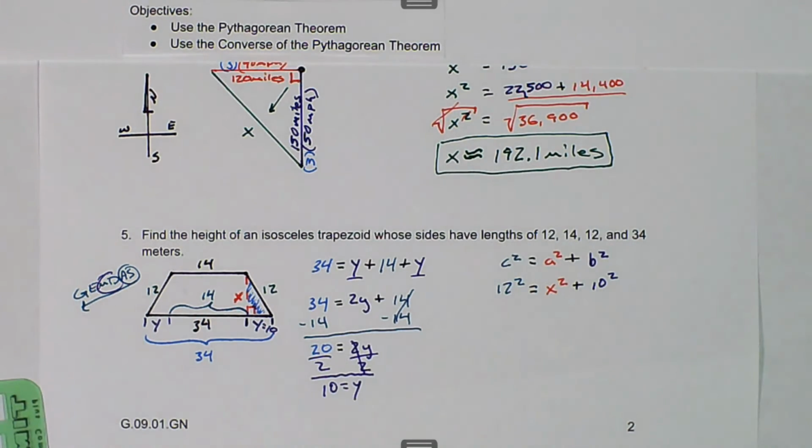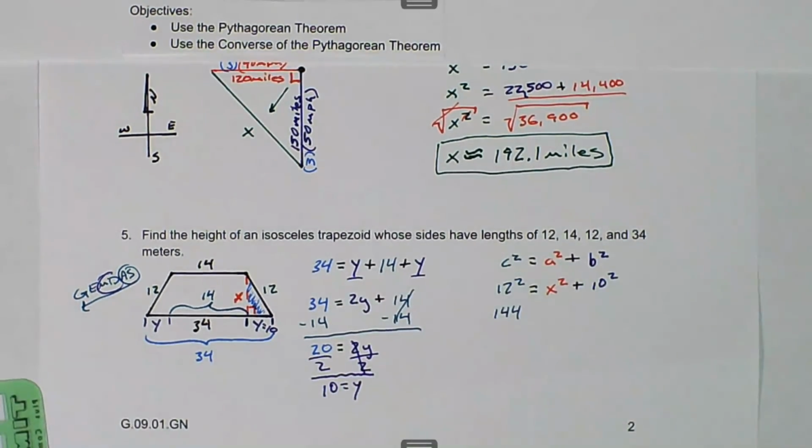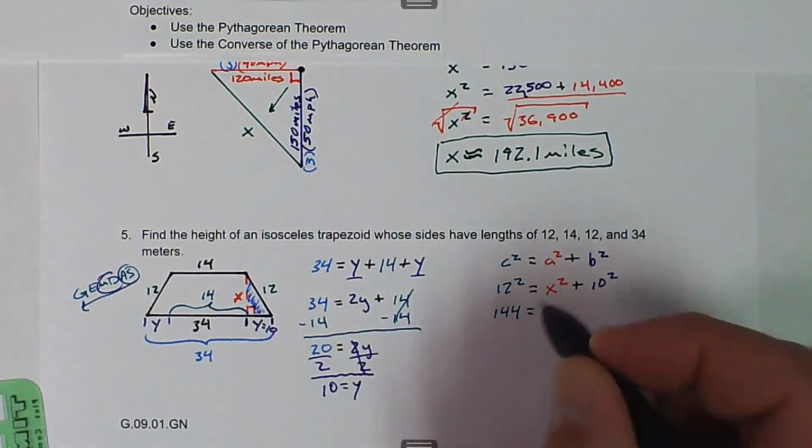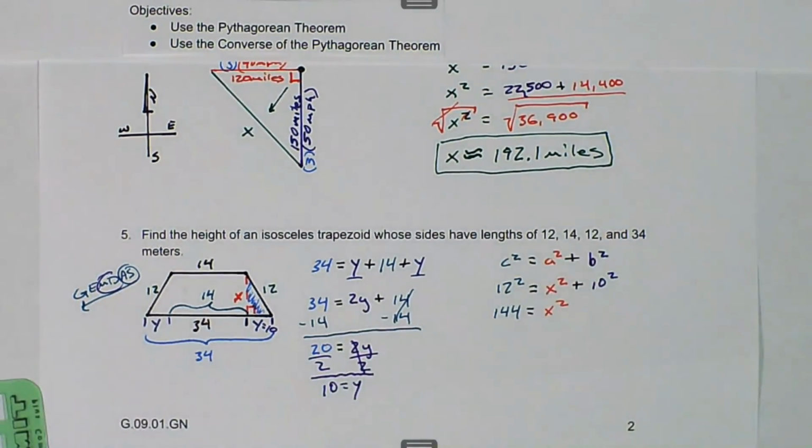So we can do this math, and 12 squared is 144, and that's going to be equal to x squared plus 100.